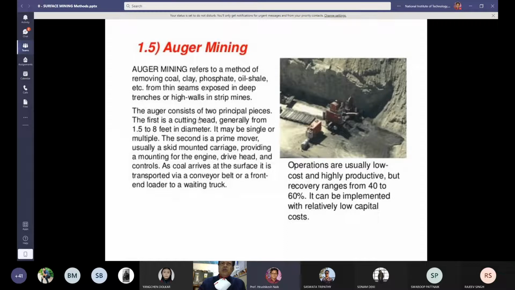In auger mining, the augers are spiral type augers. After mining, the coal is taken through the crevices, the annular space in the auger.